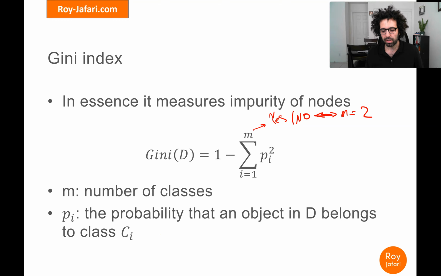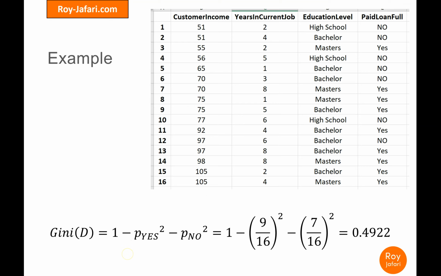Once we look at an example, which we will do right now, it's going to make much more sense. So here we've got 1 minus the probability of yes to the power of 2, minus the probability of no to the power of 2, right? So 1 minus 9, which is the number of yeses, 1, 2, 3, 4, 5, 6, 7, 8, 9, divided by the total number 16, minus 7, which is the number of no's, 1, 2, 3, 4, 5, 6, 7, divided by 16, right?